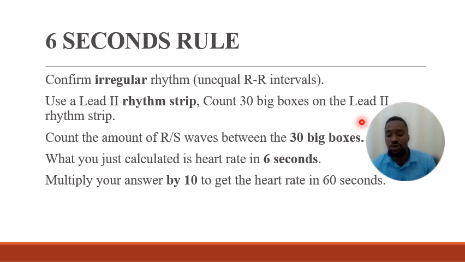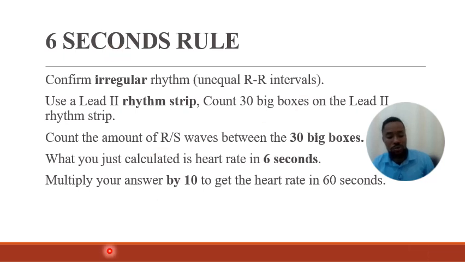Now you count the number of QRS complexes during that span. Let's say you have 4 of them, that is 4 beats in 6 seconds. How many beats will you have in 60 seconds? That is times 10. So 4 times 10 gives you 40. If you have 4 beats in 6 seconds, you have 40 beats in 1 minute.